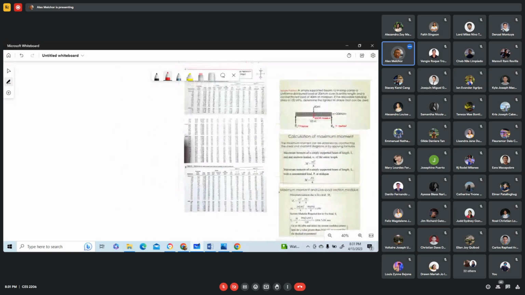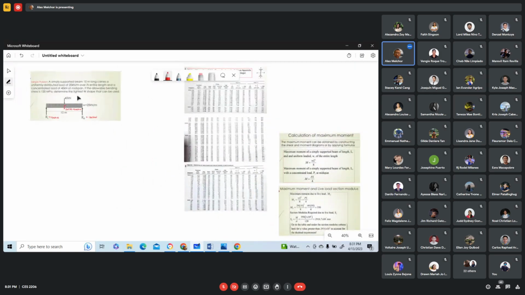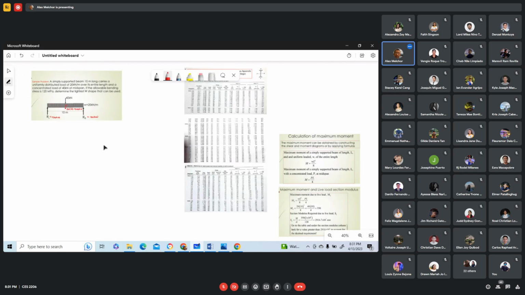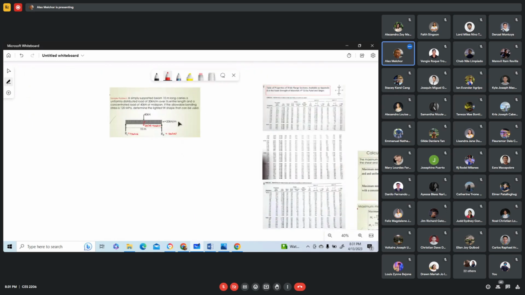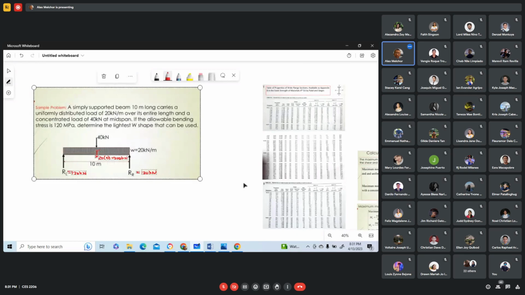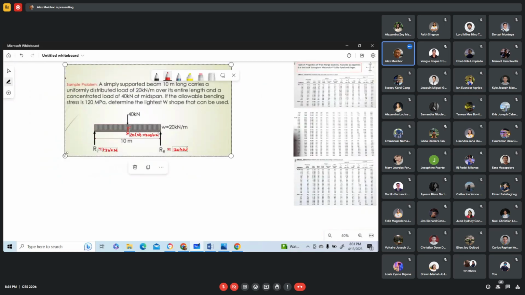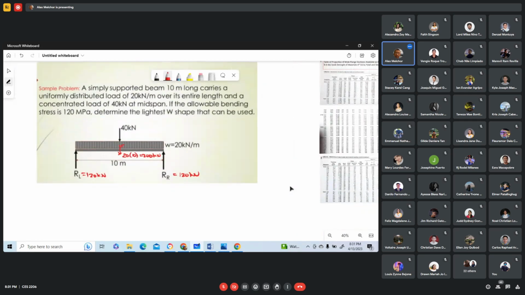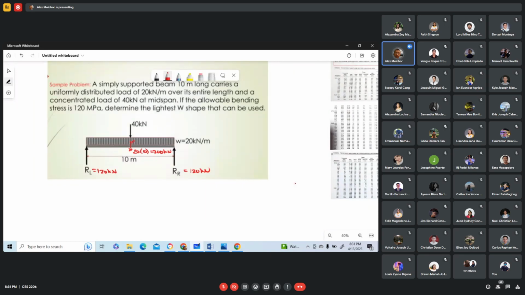Okay, we indicate the sections where we have a change of loading condition, and we draw vertical lines.